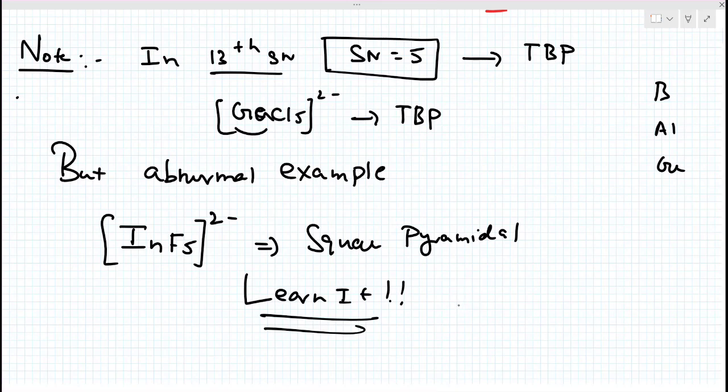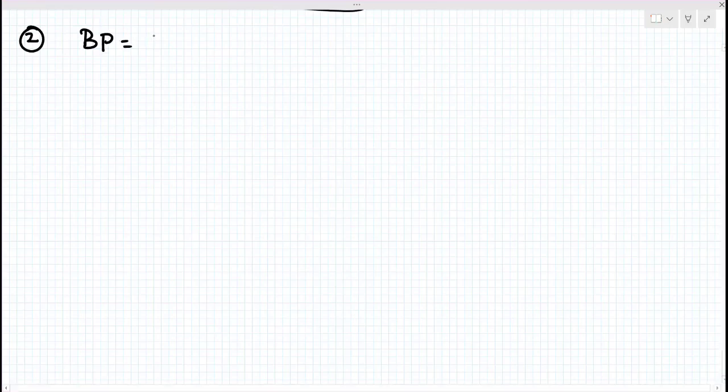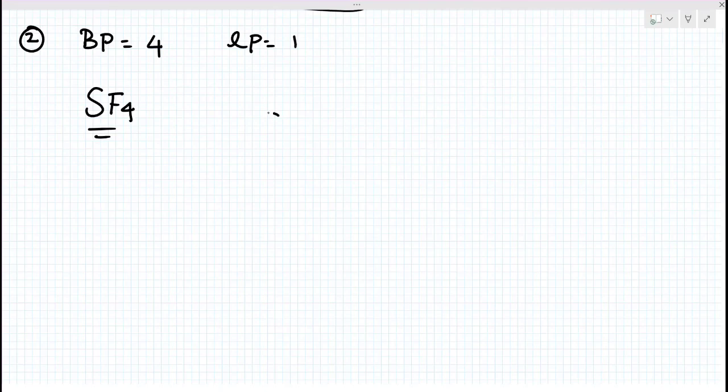This is about the first case: 5 bond pairs and 0 lone pairs. And second case, important: bond pairs equal to 4, lone pair equal to 1. Example SF4. Sulfur has 6 valence electrons, very important now: 1, 2, 3, 4, 5, 6.